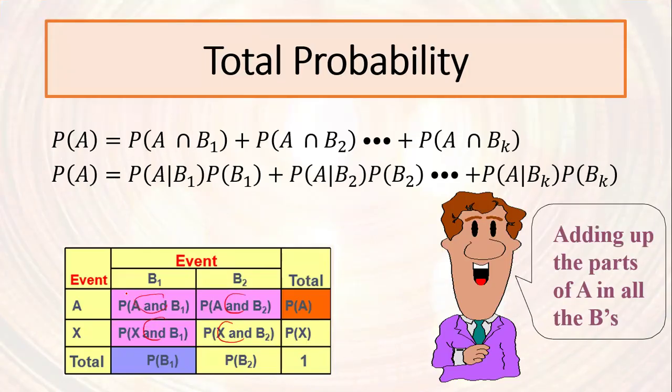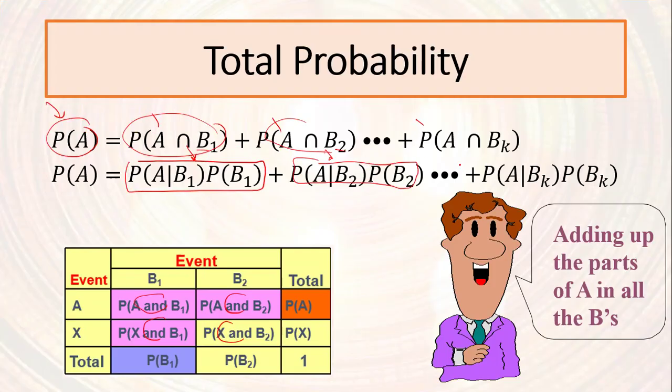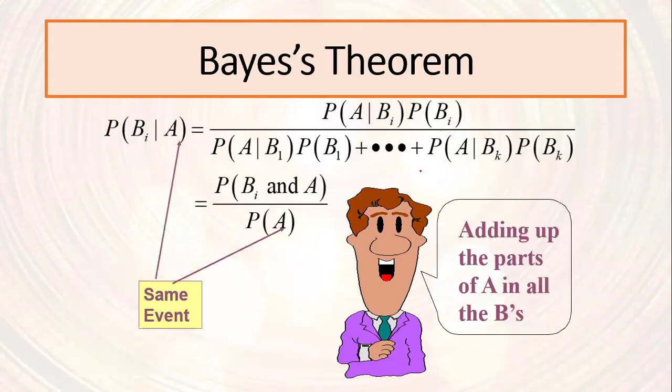So X is the event, A is the event. Probability of A is the total probability, adding all of them. So basically, this is nothing but this. This is nothing but this. So converting into conditional probabilities, either way you do, you get the same answer.